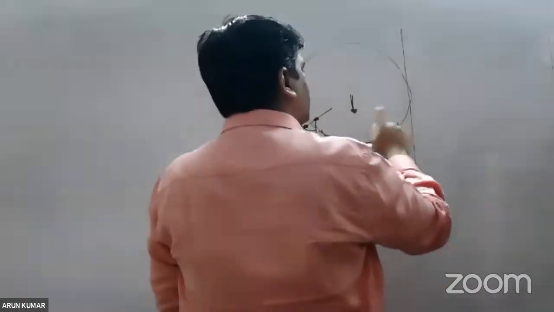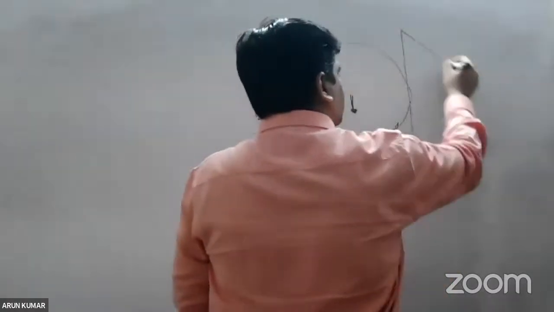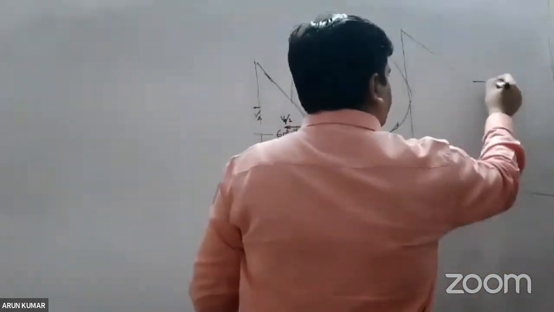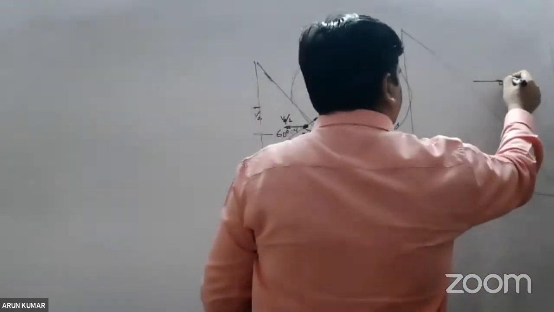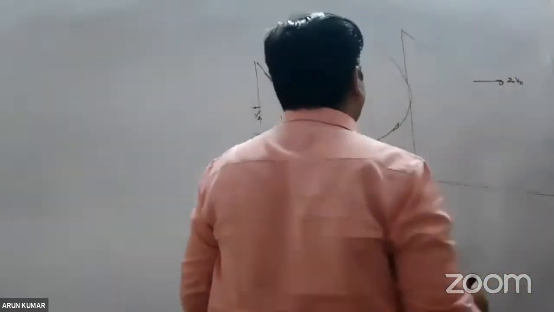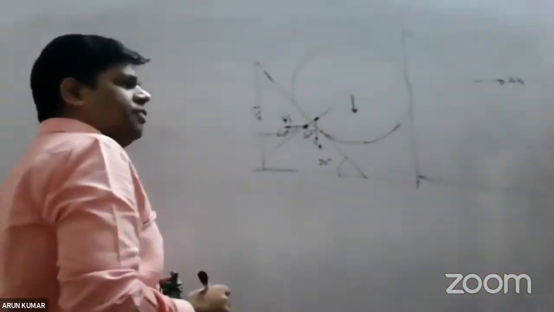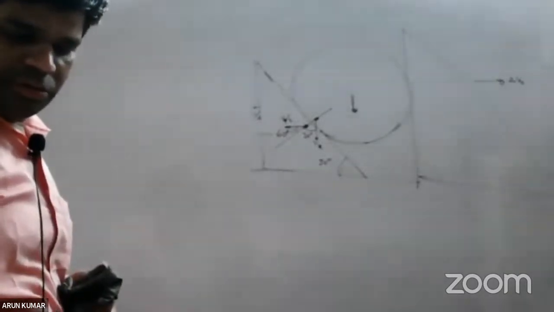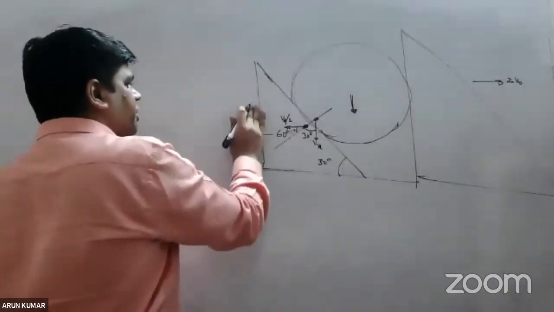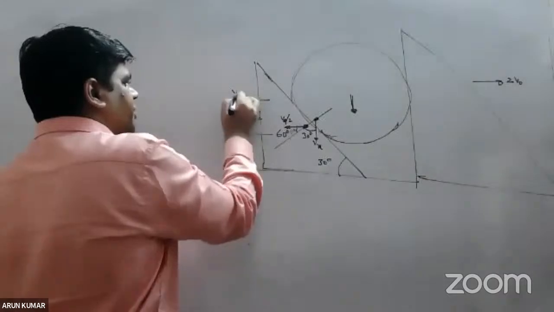Because of the wall, it was not moving horizontally. But because of the wedge going towards right with 2 V naught, required to find, that is moving towards right with 2 V naught, and this is moving towards left with V naught.